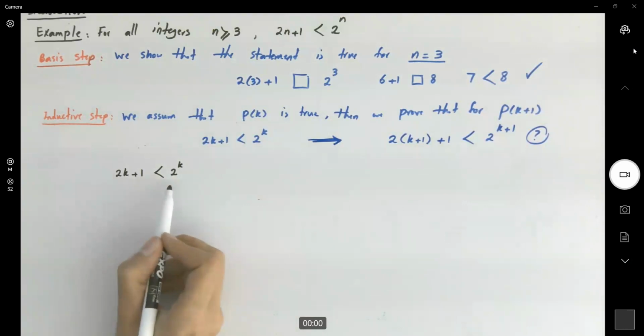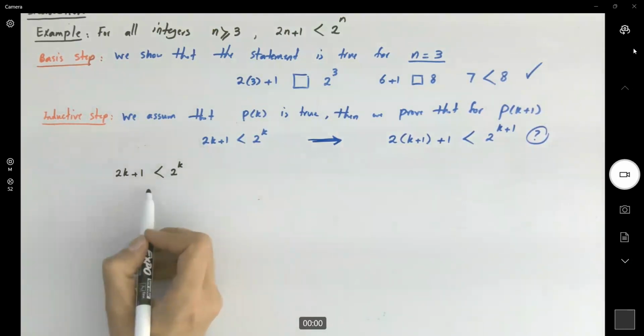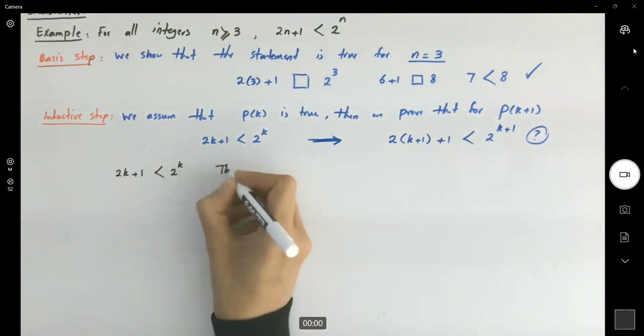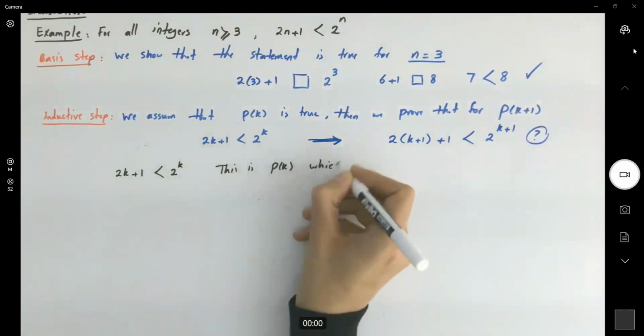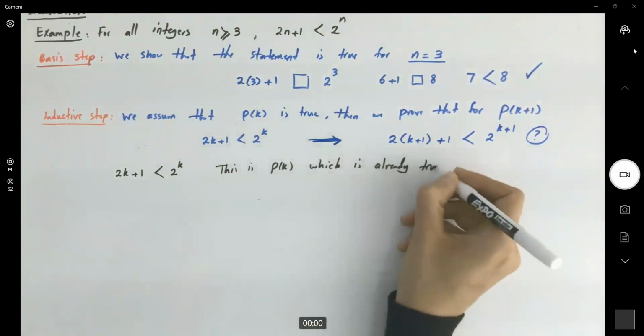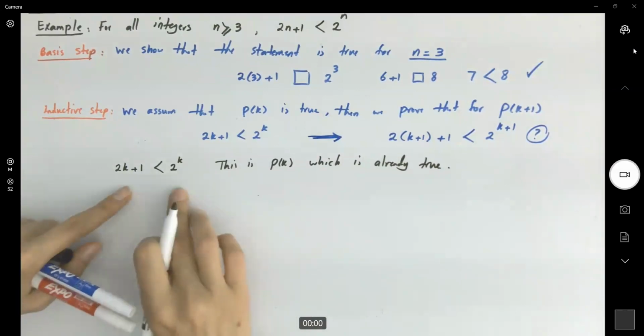What I'm going to do, I'm going to add 2 to both sides. So this is my P(k), which is already true. Okay, now add 2 to both sides.